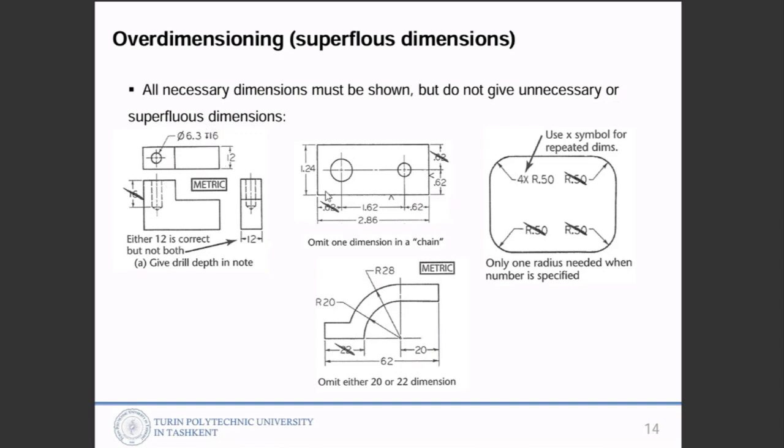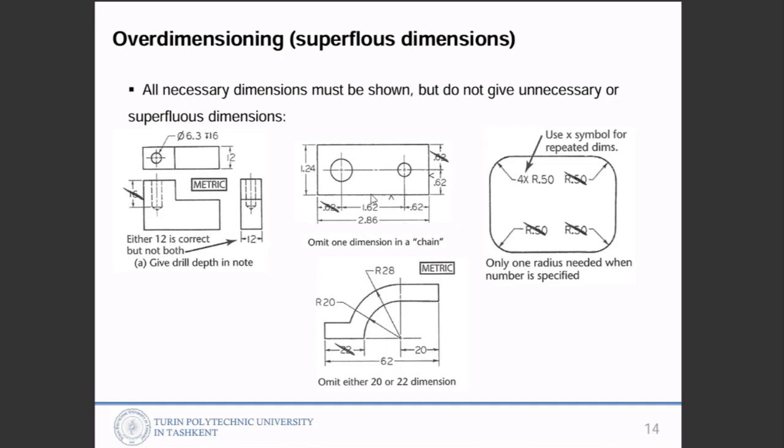And here, the overall dimension is given, 2.86, and from the left hand side reference 0.62, and then another chain dimension 1.62 is given. So you don't need to show the last one. If you draw the last one, that will be over-dimensioning. We should take either this one or 2.86, so one of them should be eliminated.